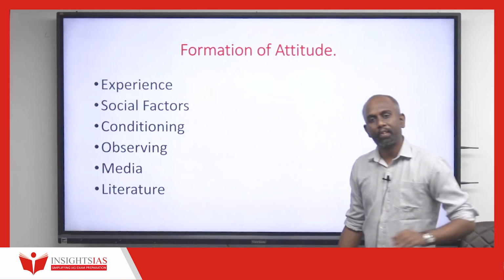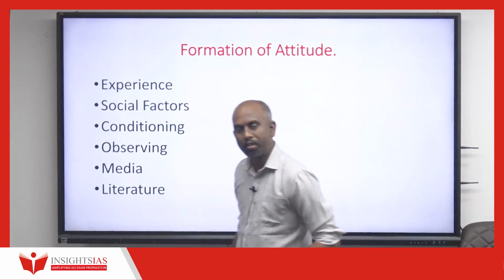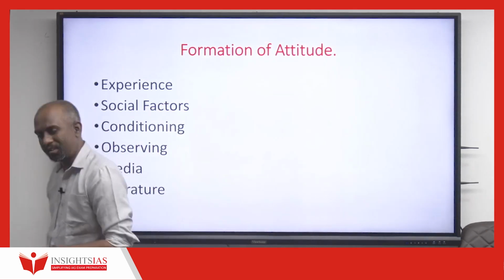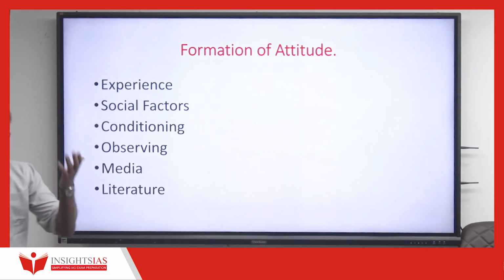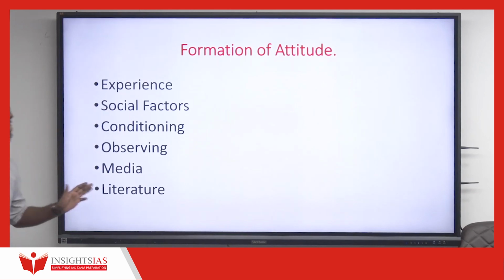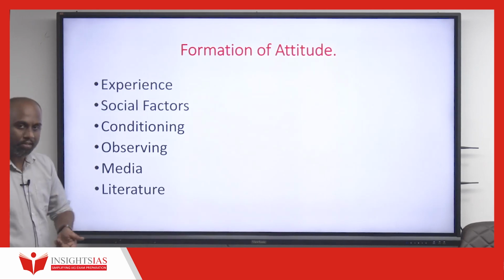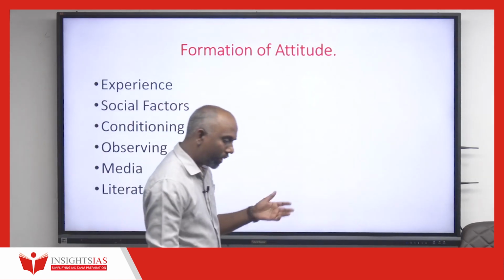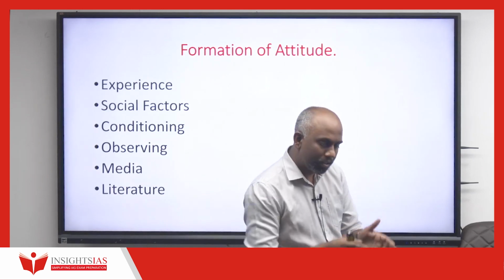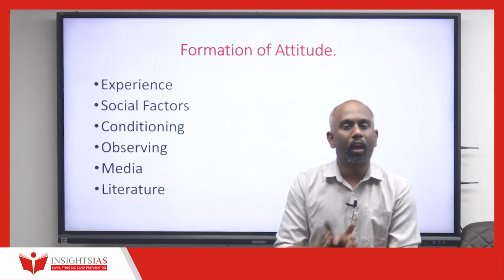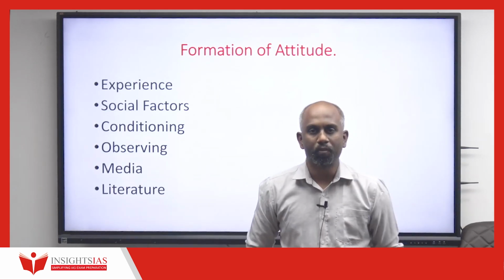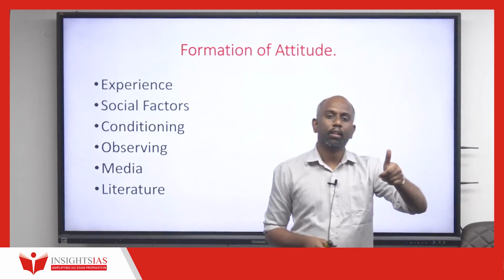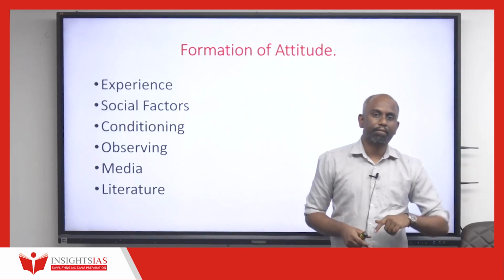The next thing is formation of attitude. Now most of these factors, I have spoken about in the earlier classes, so I'm not going to discuss them in a deep manner. The first one is experience. When you look at Gandhiji, the experience of racial discrimination that he faced in South Africa was a turning point in his life.